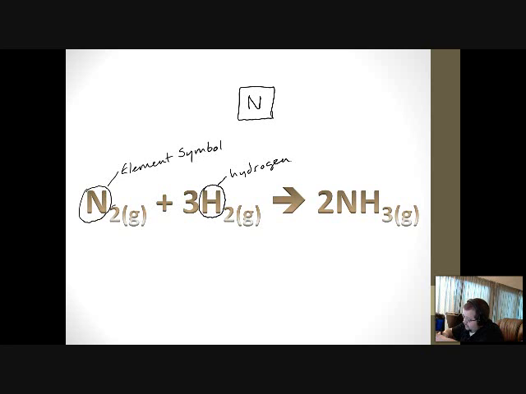If we look at the numeric subscripts that are next to our element symbols, these tell us about the element that they're directly next to. So this 2 tells me that I have 2 N's. This 2 tells me that I've got 2 H's in that position.